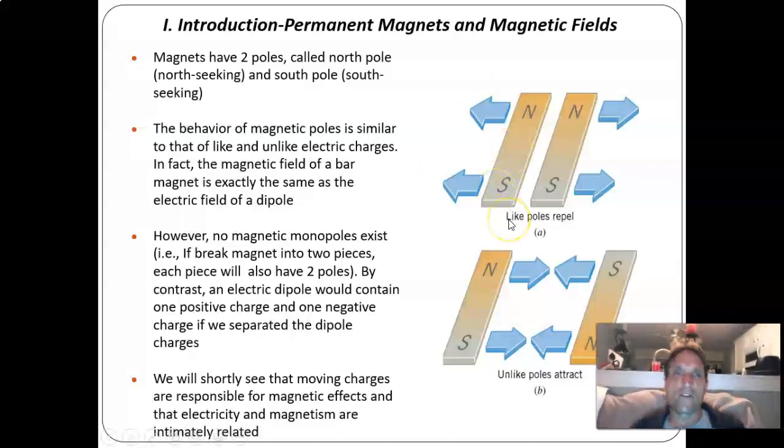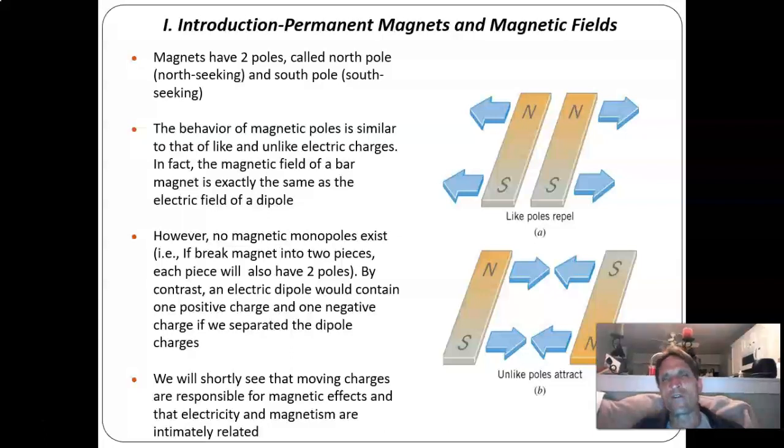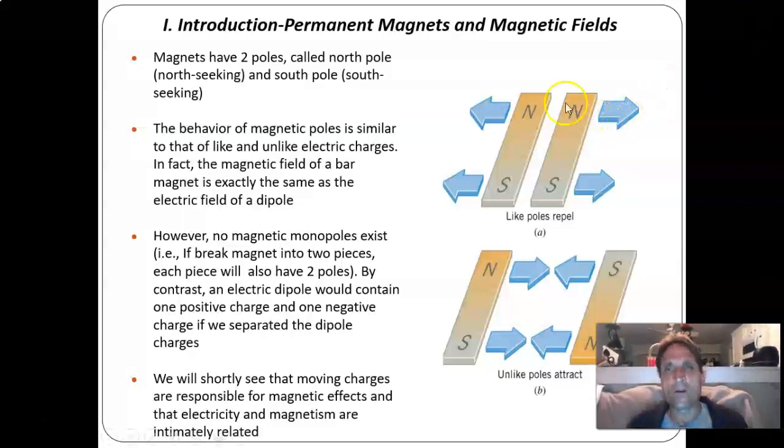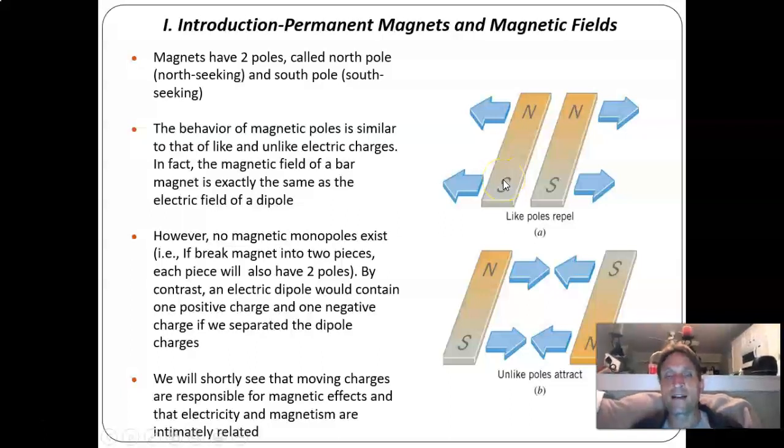By contrast, if you take an electric dipole and you, quote, break it, or we separate the positive charge and the negative, we have two monopoles. We have a positive charge and we have a negative charge. In other words, when you separate them, you don't get two pairs of positive and negative. So that's one difference: there's no such thing as a magnetic monopole. You can keep breaking the magnet, and it'll keep breaking into pieces, each with a north pole and a south pole, albeit with a weaker magnetic field.